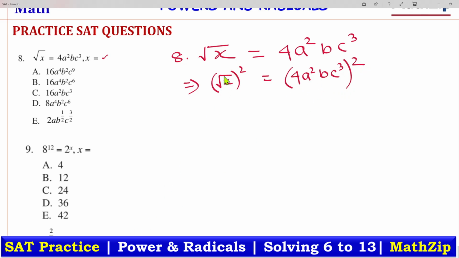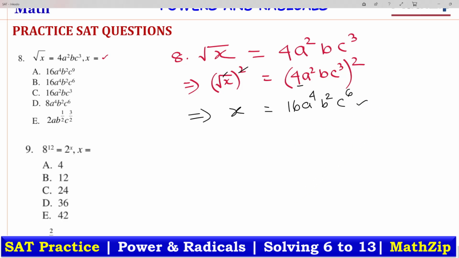Now look, the root and the square cancel out. So x equals 4 squared, which is 16, a squared squared, which is a to the power 4, b squared, and c cubed squared, which is c to the power 6, right? And this is our answer.